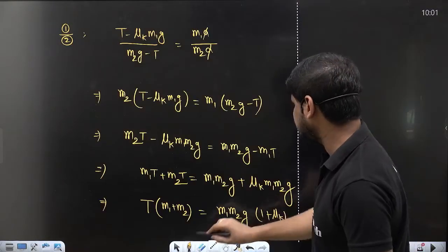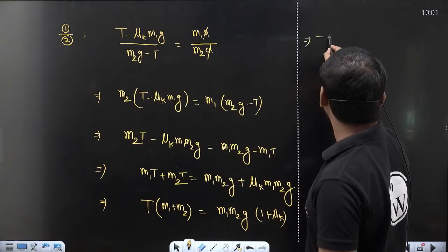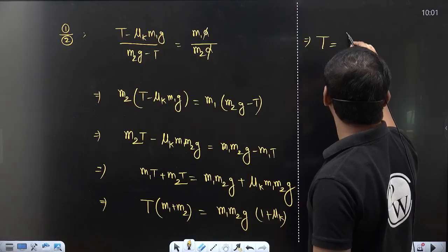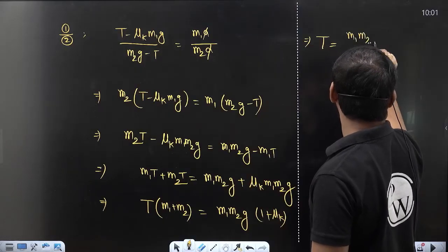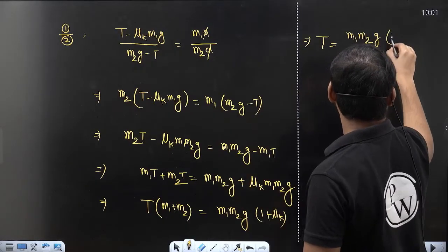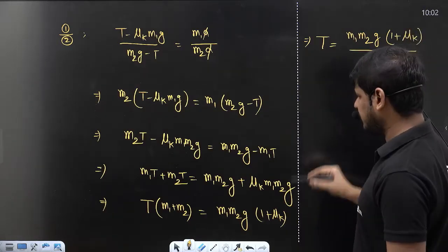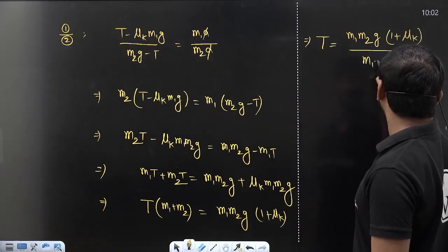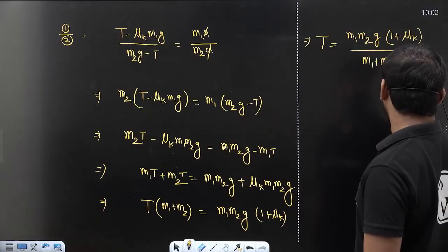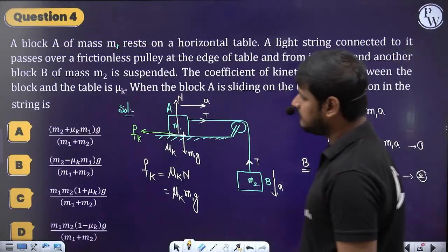Next, we need the tension T. So the tension T is equals to m1 m2g into 1 plus 𝜇k, divided by m1 plus m2. See this option, they are asking the tension.